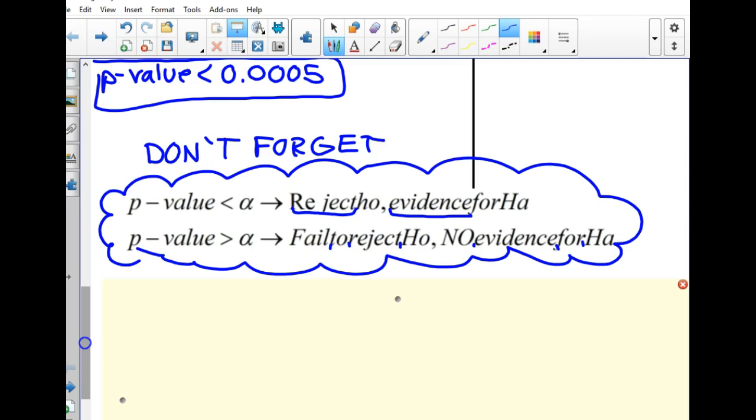That will work for every single one that we have a null and an alternative hypothesis for when you're finding a p-value. Now, with our t-scores, we did it a little bit differently. But if you're ever finding a p-value, this is the way it will work for every single problem.